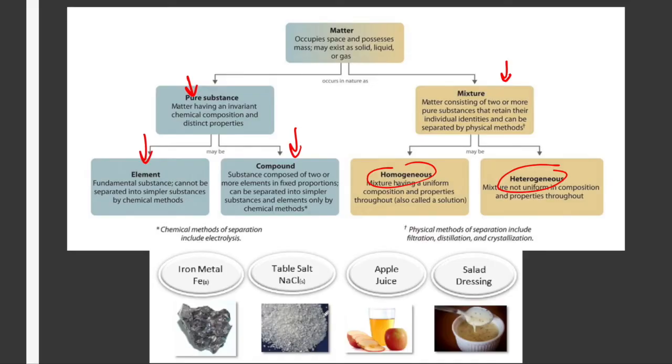Mixtures. So here, this ordinary table salt, which is called sodium chloride, NaCl, is considered a substance because it has uniform and definite composition. All samples of sodium chloride are chemically identical. Water is also a pure substance.